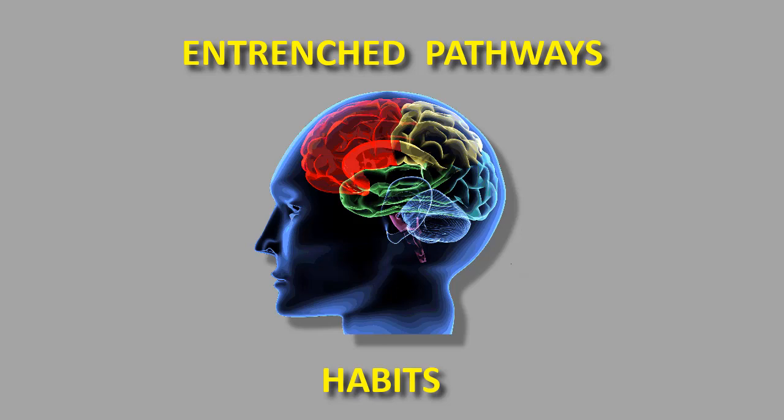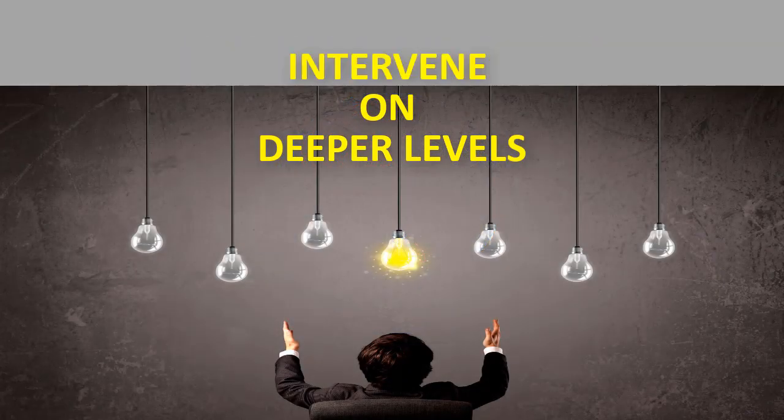If these patterns are so deeply entrenched in our brains, we not only have to change our ways of thinking, but we also have to intervene on deeper levels. And when you move on to Module 4, we'll talk about the different ways that you can intervene using your subconscious mind.